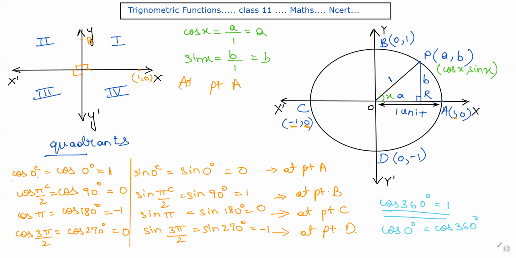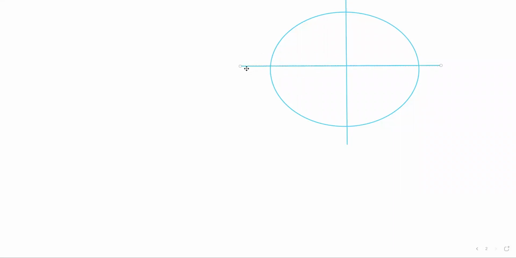What about negative angles? For the same circle, you can consider negative angles as well. Let's consider point A, B, C, D, but now let's go in the negative direction.